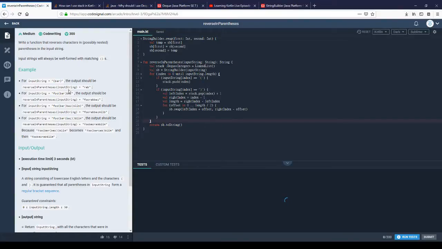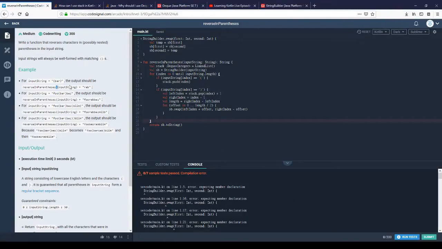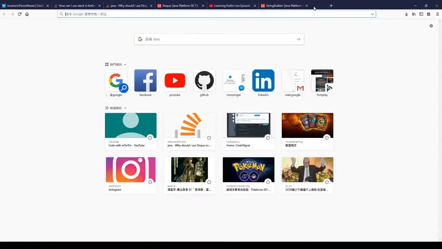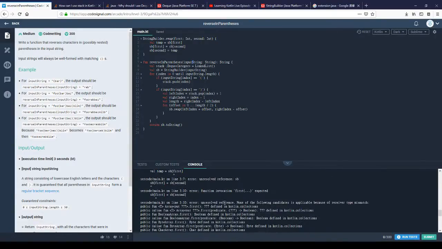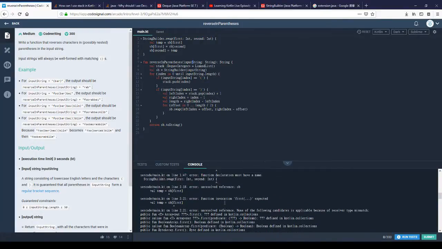And I haven't taken out the left and right parentheses yet. Expecting member declaration. Let's take a look at extension. Oh, okay. We can't even use extension for Java classes, I believe.